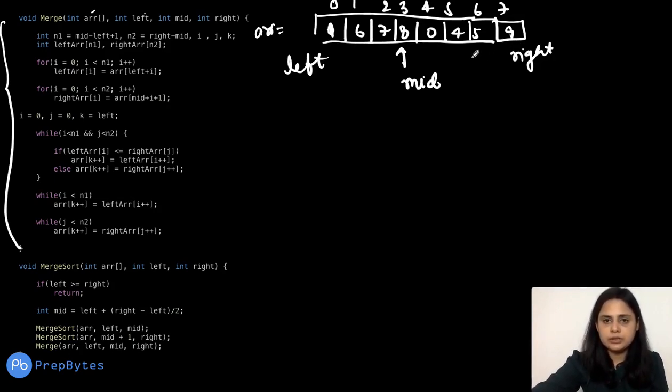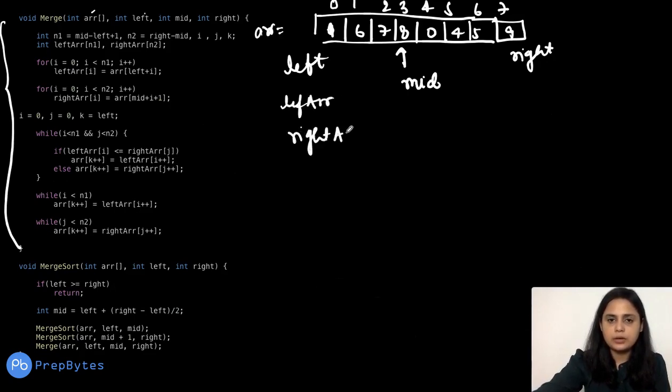So I will take two extra arrays, let's call them left array and right array. I'll copy all of these elements into the left array and all of these elements into the right array. So every element from left till mid is in the left array. Every element from mid plus 1 to right is in the right array.